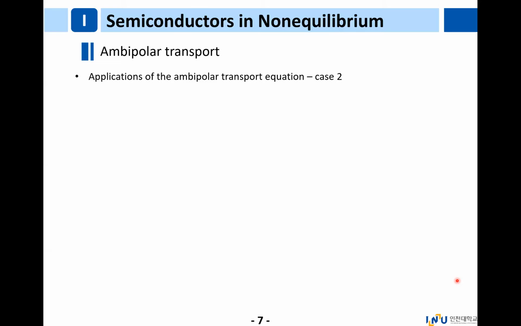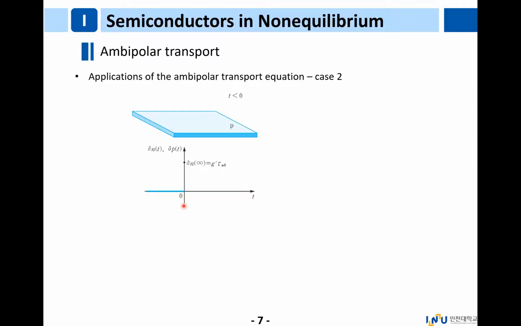Okay, so let's consider the same semiconductor as before, but this time we will uniformly illuminate the entire sample with constant intensity light starting at t equals 0.